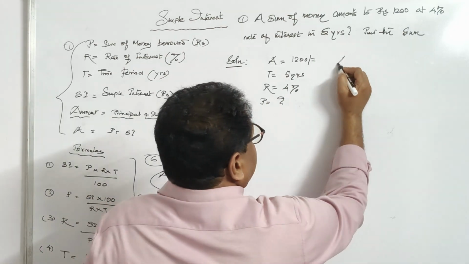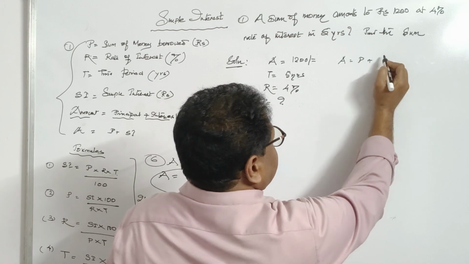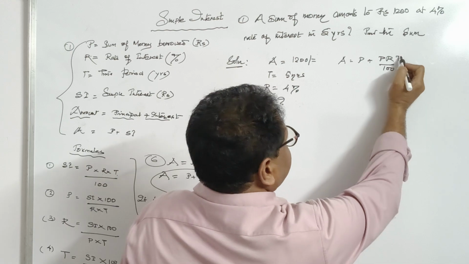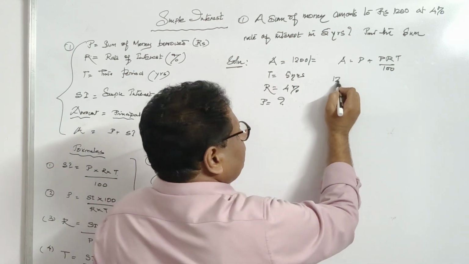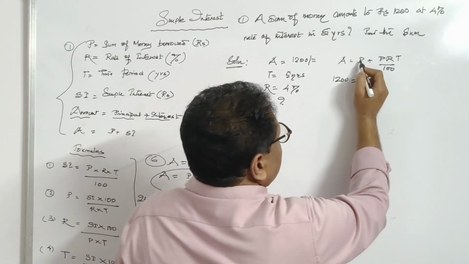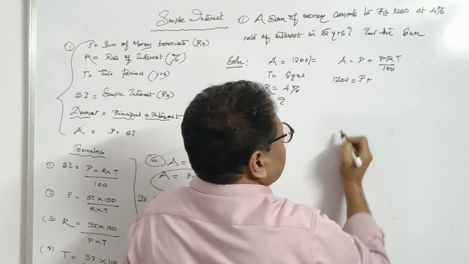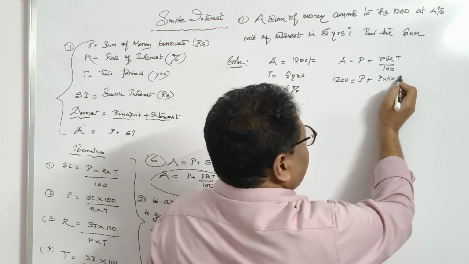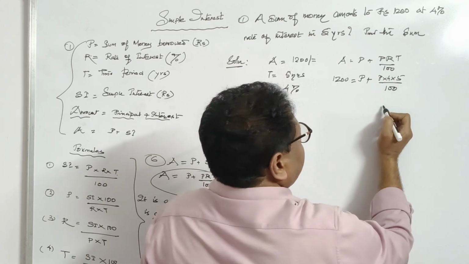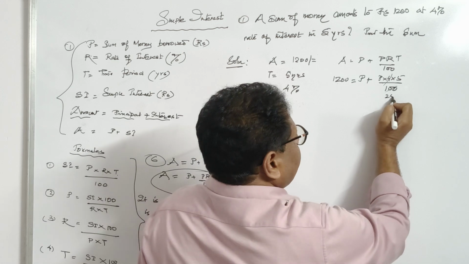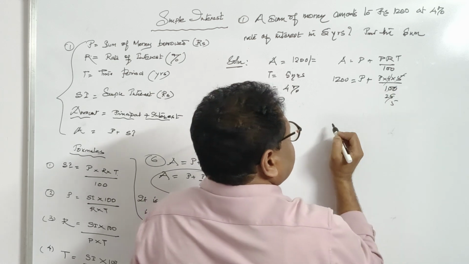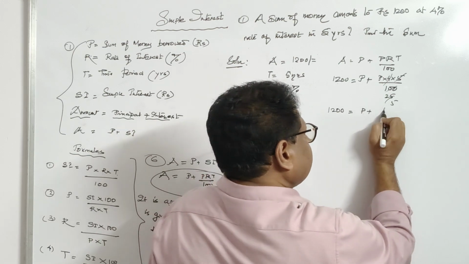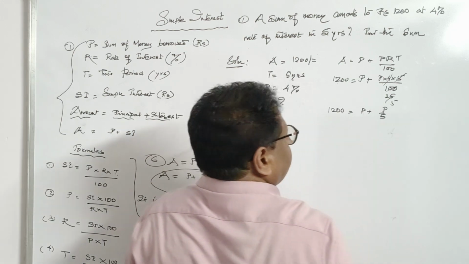Let's put it. Amount equals P plus PRT by 100. Now put the value of amount: 1200 equals principal, you have to assume P because that is the missing term, P into 4 into 5 by 100. So 4 cancels 25 times, 5 cancels 5 times. So the equation is now 1200 equals P plus P by 5.